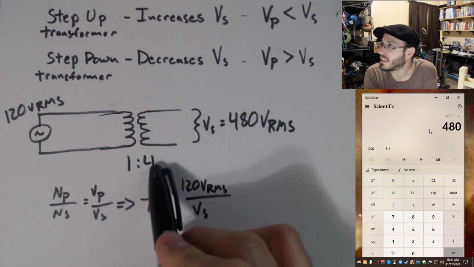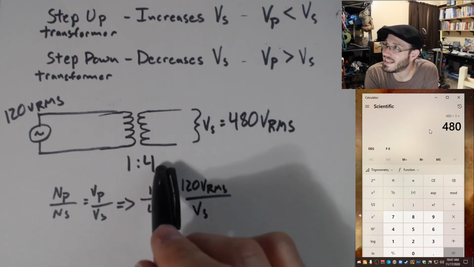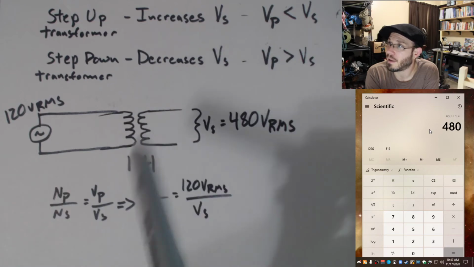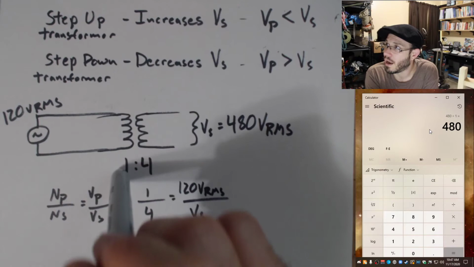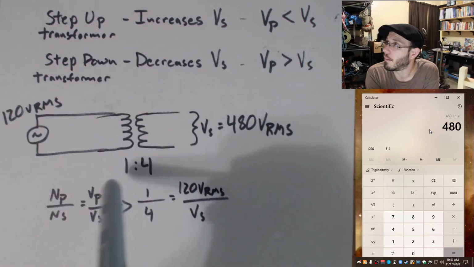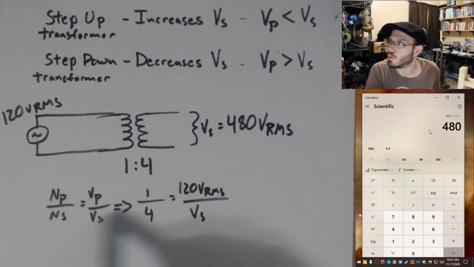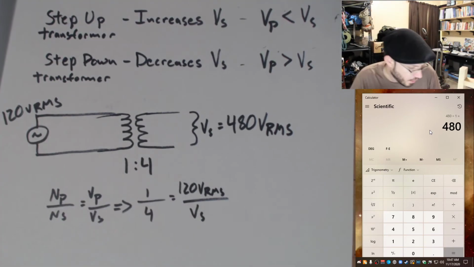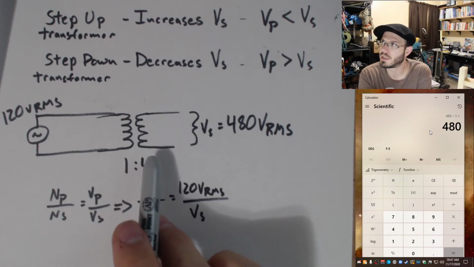If it's a 1 to 4, and I have the larger number on the right side, then I know my voltage is going to be stepped up by a factor of 4. And if I see that the larger number is on the primary side, then I'm going to divide by that number. I don't generally do this calculation like that. Okay, so that's how we can make a larger voltage.